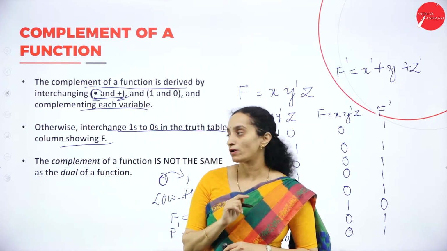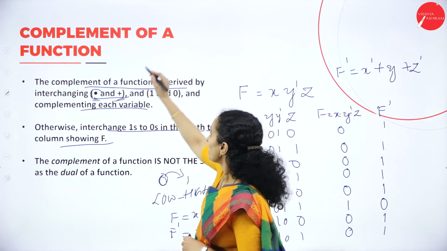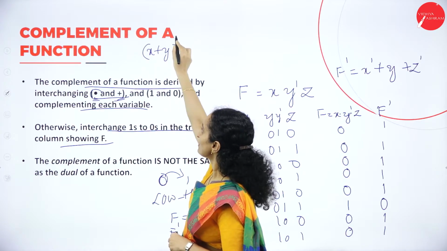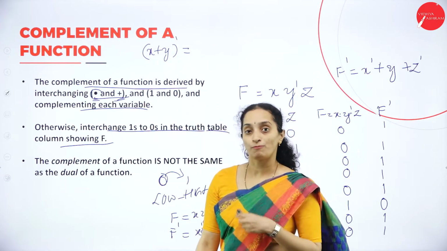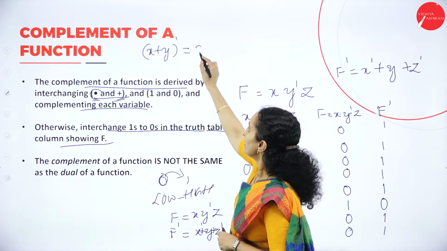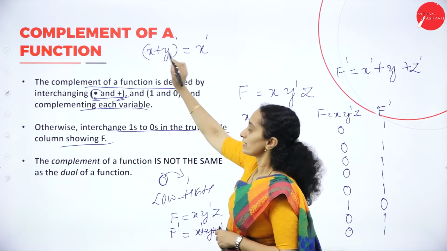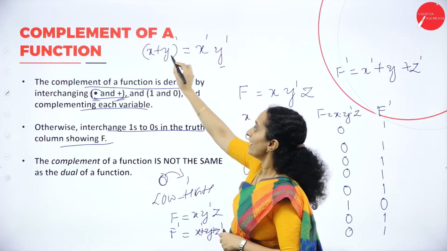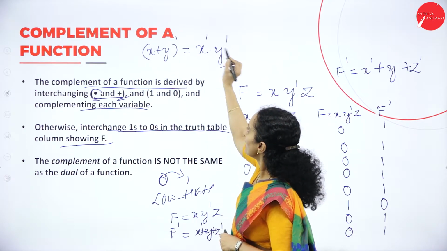What does De Morgan's theorem say? If it is x plus y whole dash, if you take the complement of x plus y, it will interchange the values. X becomes x dash, y becomes y dash, and plus will be interchanged to multiplication.